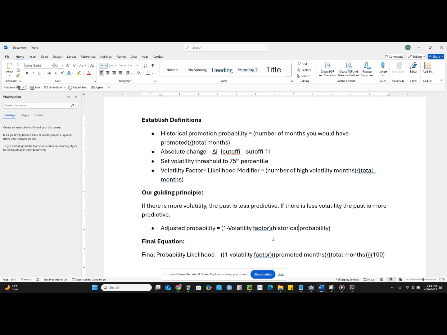All right, if you were going to be promoted 10 out of 10 months, but there were 2 out of 10 months that the model has deemed to have violated the volatility threshold, now you've been punished by 20%.